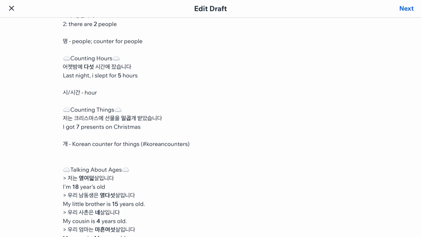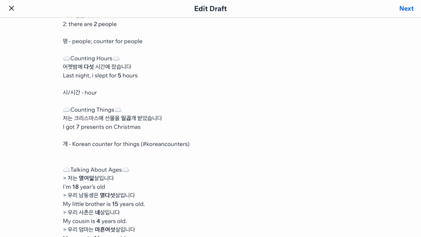Counting things, of course, the counter for general things is 개. So if you ever forget what kind of counter you need to use, you can always default to 개 for most things. Maybe not people, but for most other things. So I got 7 presents on Christmas. 저는 크리스마스에 선물을 7개 받았습니다.